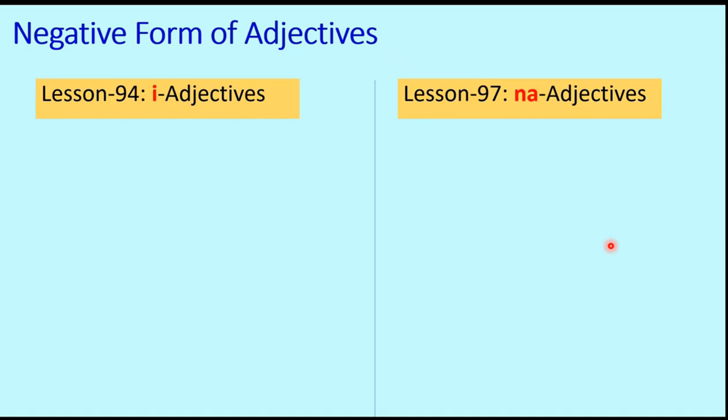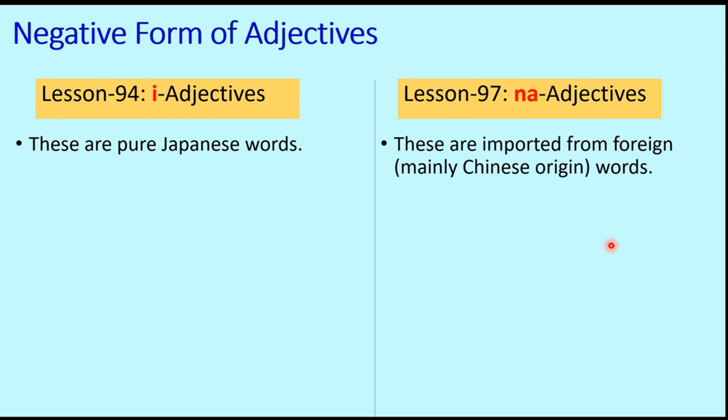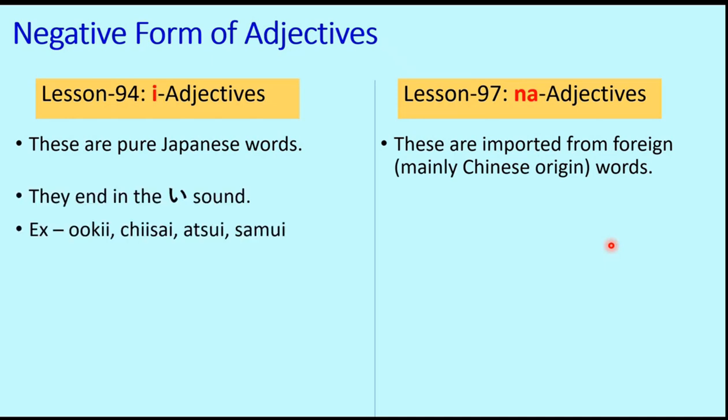But before going into the negative form, let's recap what we know about i adjectives and na adjectives. I adjectives are pure Japanese words, that is, words of Japanese origin, whereas na adjectives are imported from foreign words, mainly Chinese origin words.